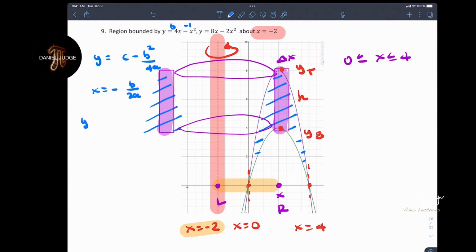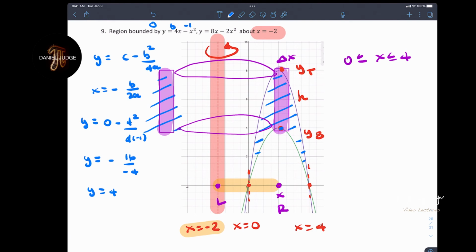So in this question, a is -1, b is 4. So I can try to deduce what that would be. c would be 0. So 0 minus the b value, 4 squared, over 4 times -1. So for that first equation, we have -16 over -4, or y is +4.